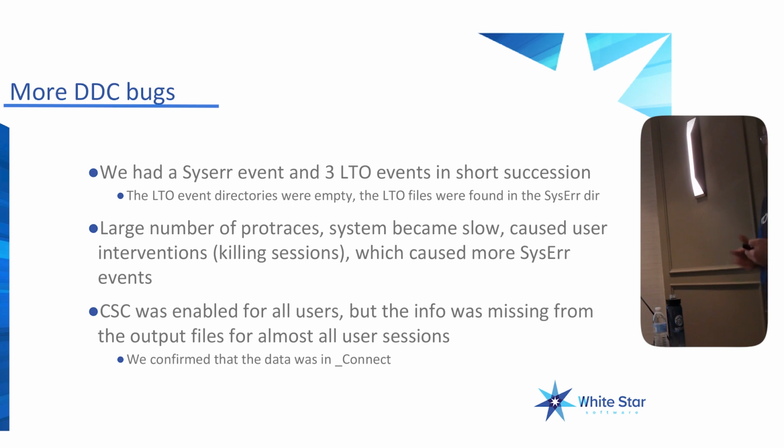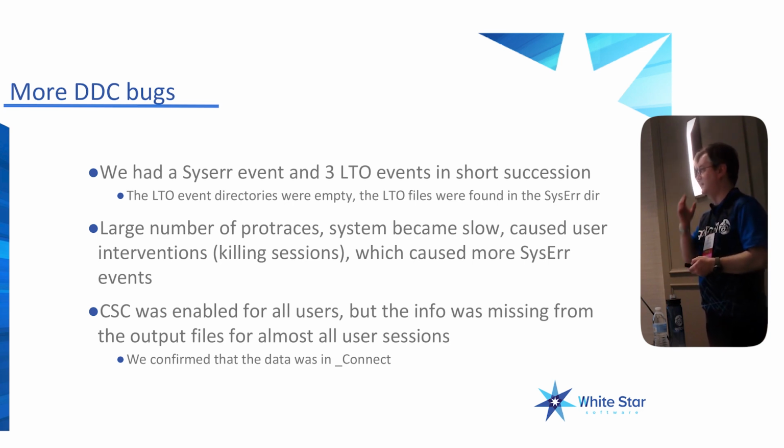So those clients were just unusable during that time. I wouldn't worry about generating protraces if the events happen once in a while. Like a BI threshold, you're not going to have them constantly, right? But for the other events that can happen in short succession, just be cautious with that if you have a large system, lots of users. And again, the CSC data was in _connect, but it wasn't always in the CSV files.